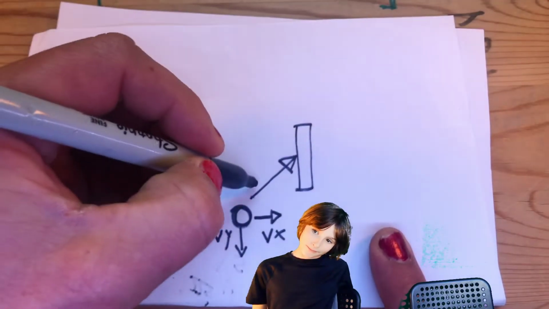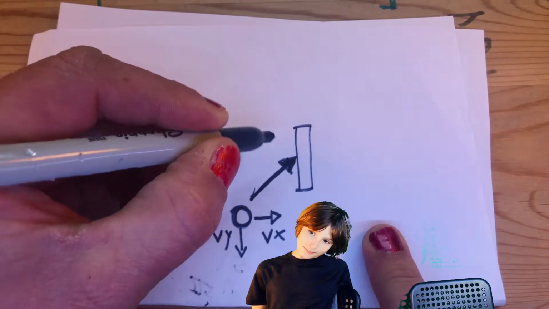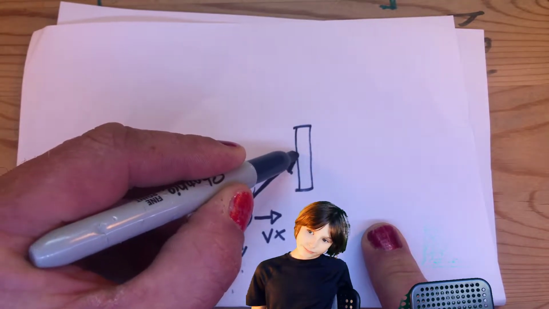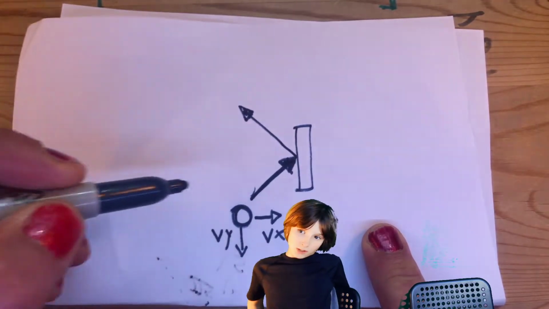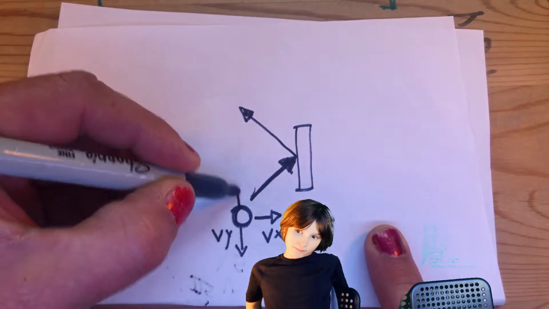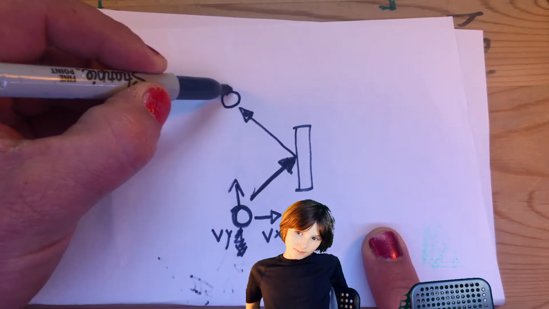Now what happens, because it's a perfect bounce, you kind of expect it to go this way, right? But your thing is also moving? Well, actually, Vy is more like that. That means the ball is still going to have the same Vy.